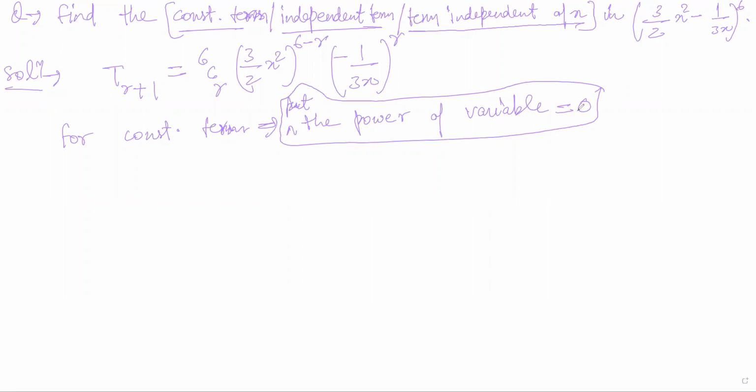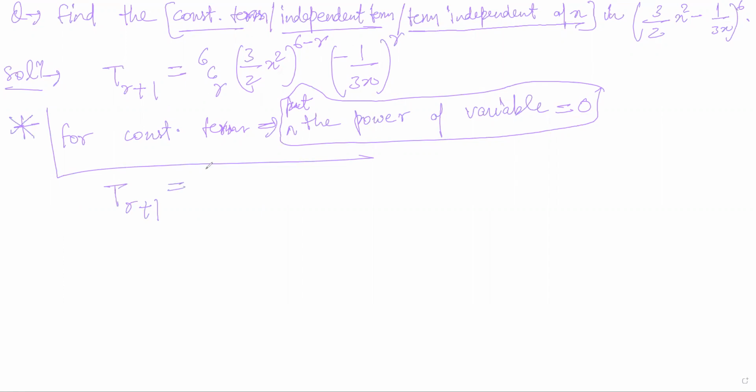Now, how do you find the power of the variable? Check this out. You already have T(r+1), your general term. Just combine all the powers of x and take the constant out. This is the important concept you need to follow for these types of questions.